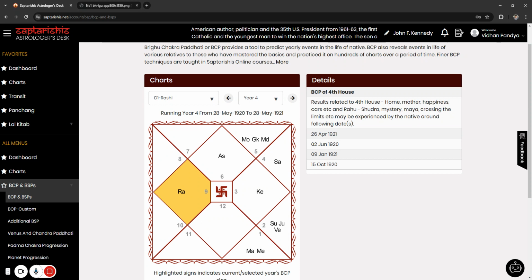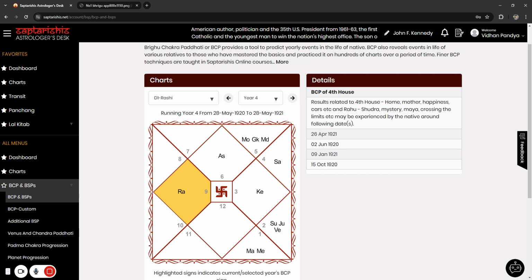Or there could be some Maya related to a car or vehicle, or some mystery related to some of the cars or conveniences. Again, we don't have any details of what exactly happened, but if you use the significations of the houses and the significations of the planets which are involved, you'll be able to predict multiple events. And this technique works, and I use it all the time.